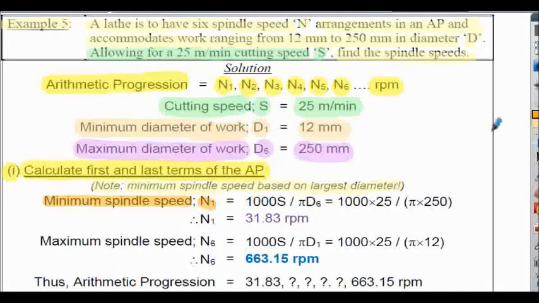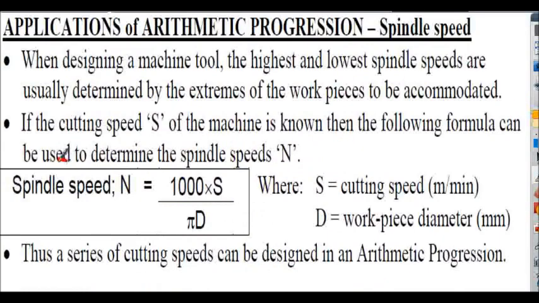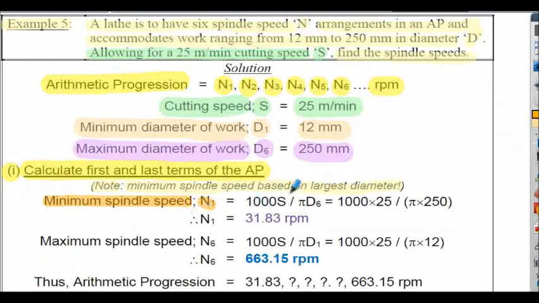From our formula on the previous page, N1 is equal to 1000 multiplied by cutting speed S, and for the minimum spindle speed, that's divided by pi multiplied by D6, D6 being the maximum diameter of work to be machined. Inserting the values, D6 here is 250 millimeters, N1 evaluates to 31.83 RPM.